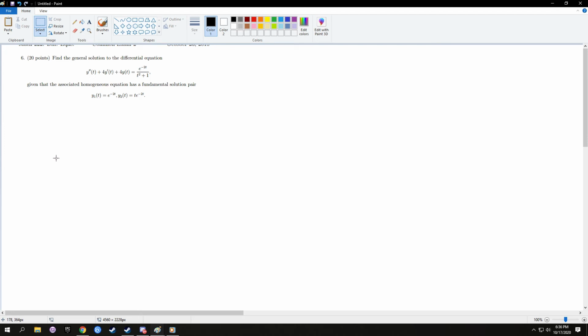So the first step you will do is something called the Wronskian, which we saw before. The Wronskian is a 2 by 2 matrix. I'm given y2 and y1, so it's pretty straightforward.